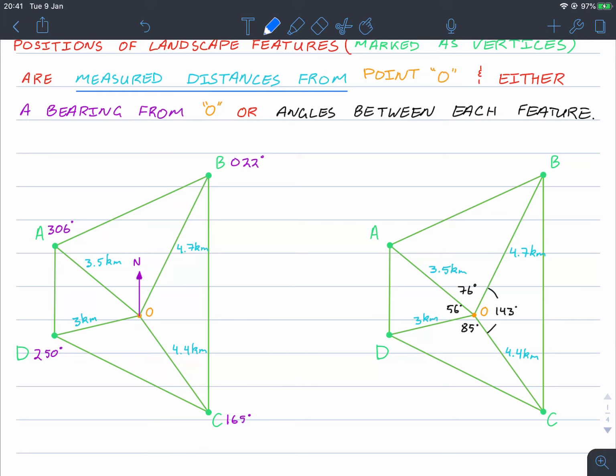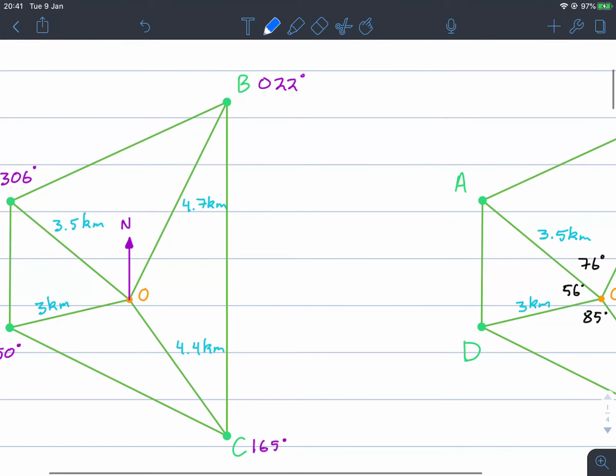The bearing next to the point or the vertex is the bearing from point O. So this bearing here, 22 degrees, is the bearing from O going clockwise to this point. In reality, that angle here in black is 22 degrees.